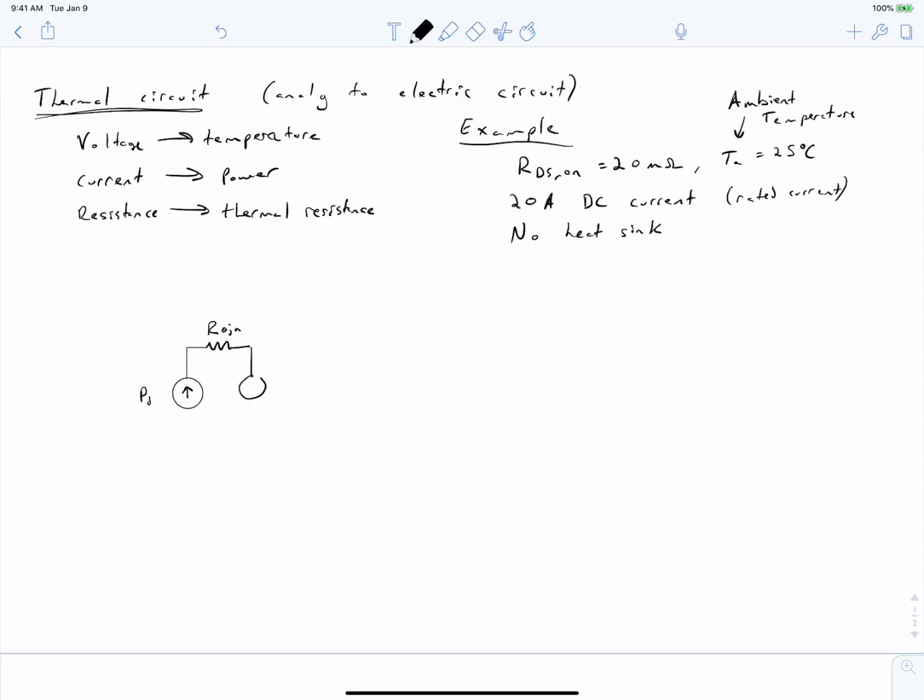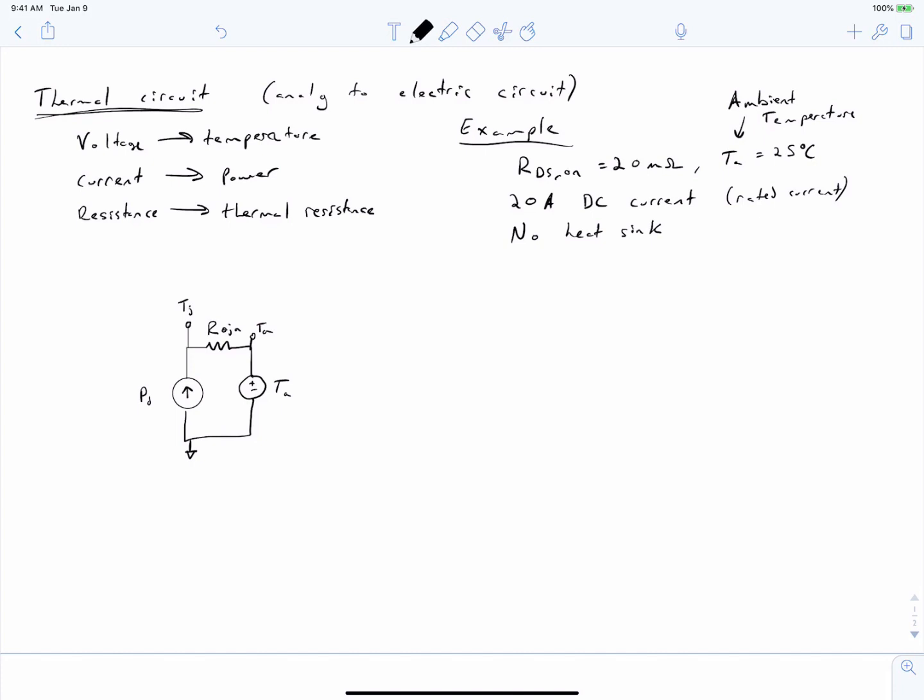And then we provide a voltage source over here, which is our ambient temperature. So if we were to measure the voltage at this node right here with respect to our common, this is the junction temperature, whereas this node with respect to common is our ambient temperature.